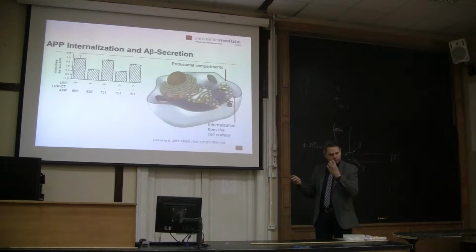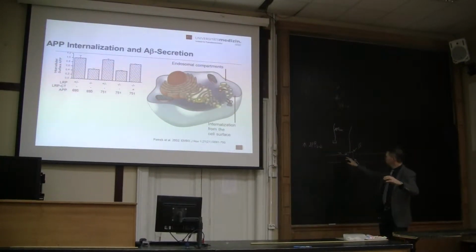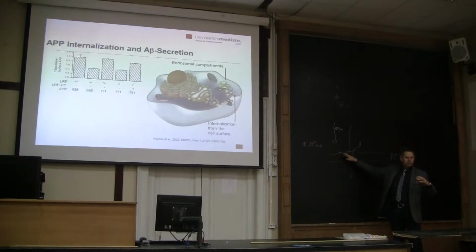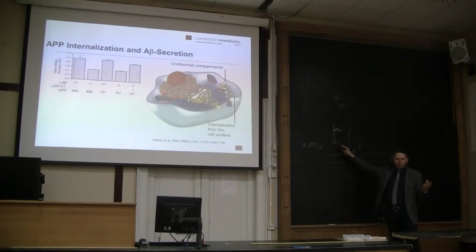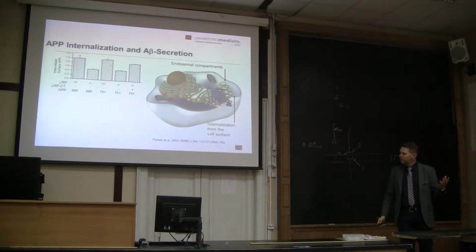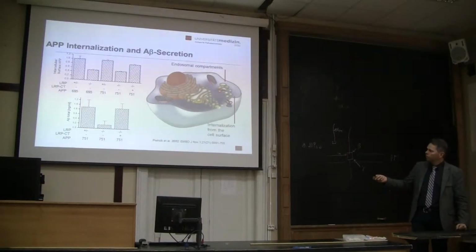So when you have less internalization of APP, you have more at the cell surface, more alpha secretase can cleave, you have more APPS alpha. Simple as that. So is that then true that we have less A-beta production? Oh yeah, we have a lot less A-beta production when you have no LRP.